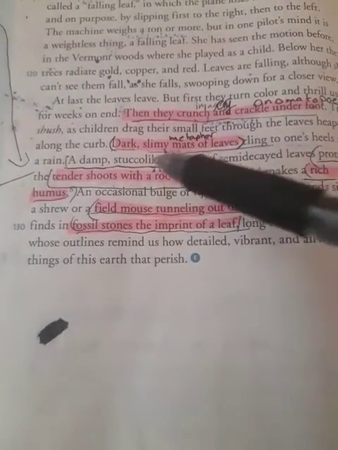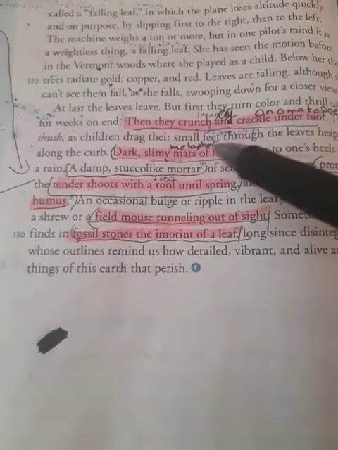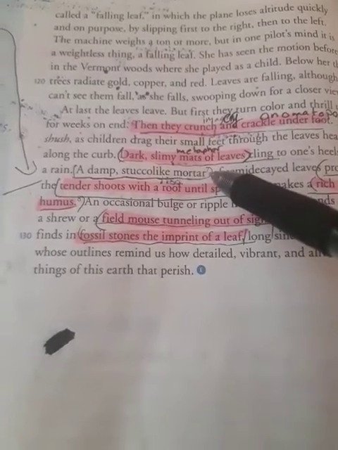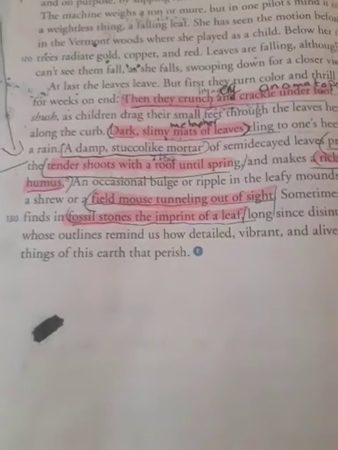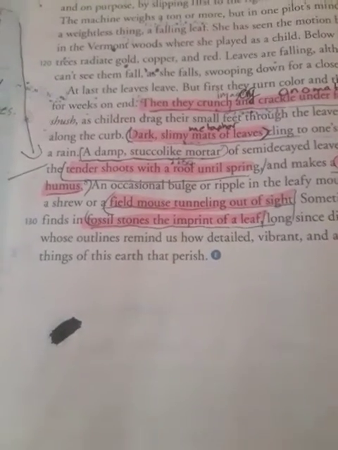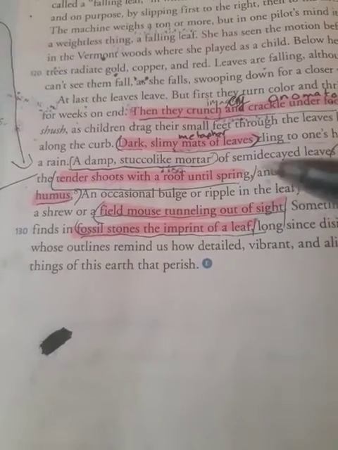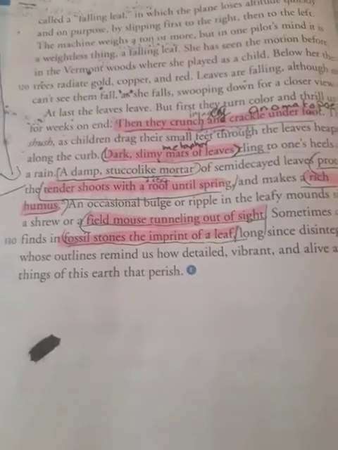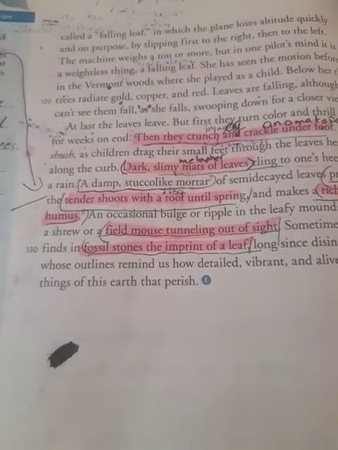The second one, dark, slimy mats of leaves. Of course, there's a metaphor here. You have to write metaphor because she compares leaves to a slimy mat. Tender shoots with a roof until spring. You know, these highlighted words are examples of poetic language. When I ask you to give me examples of poetic language, you have to use these, okay?